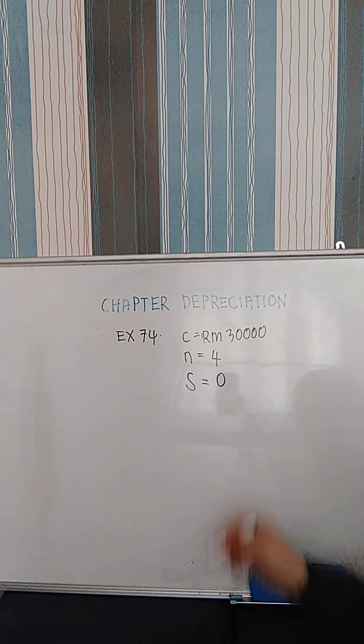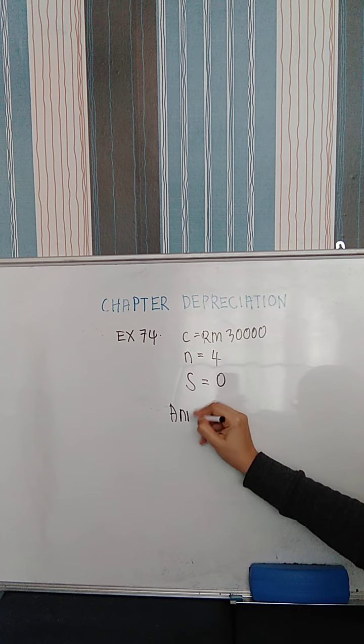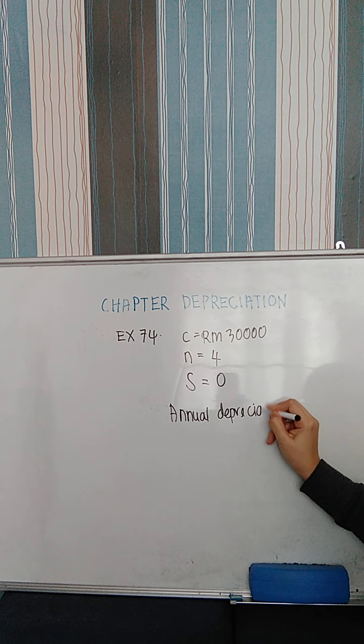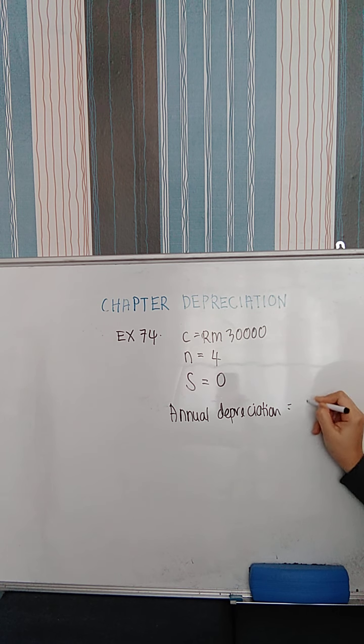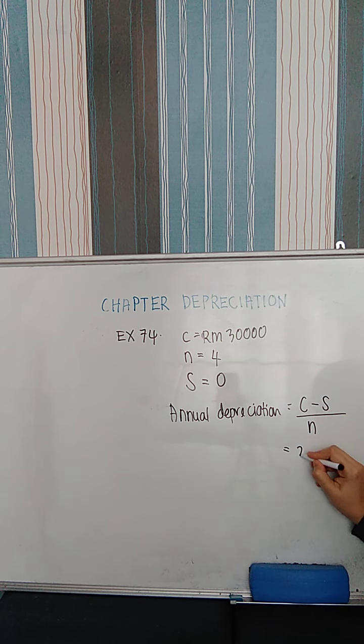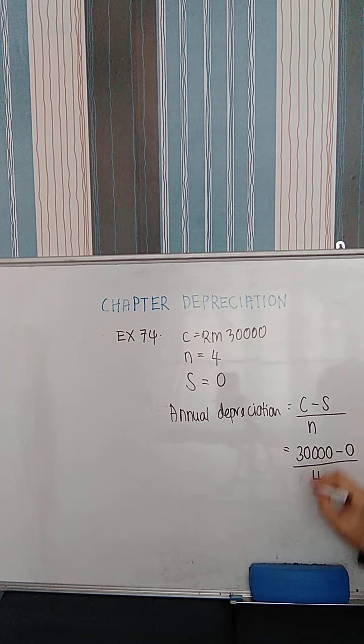Calculate the annual depreciation. So the formula of annual depreciation is equal to cost minus salvage value, and then you divide by N. So the cost is 30,000 minus salvage value 0, and then you divide by 4, the useful life.